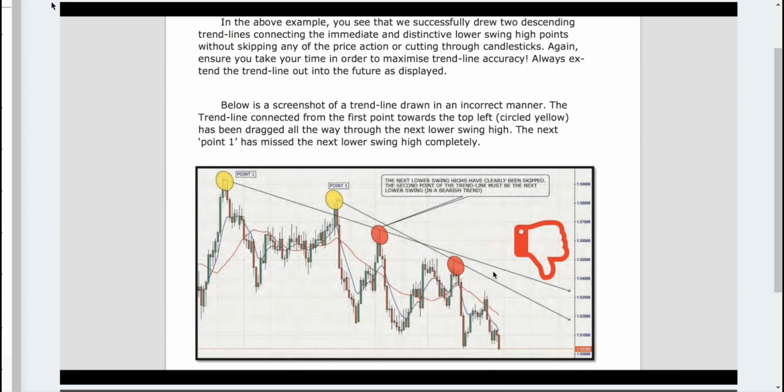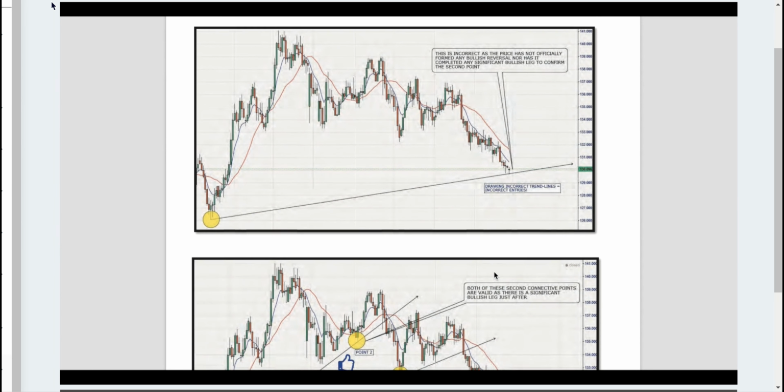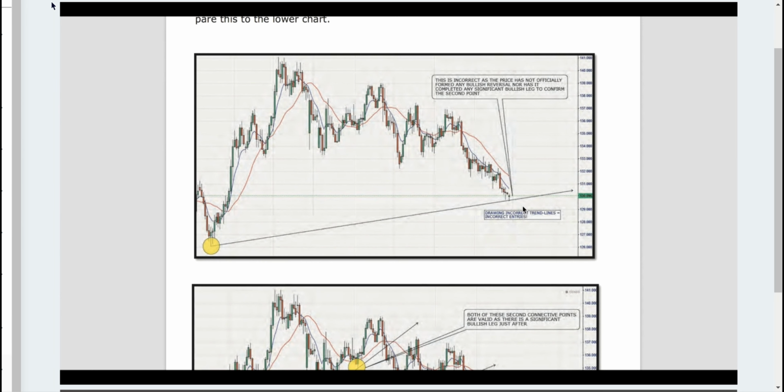What I mean by that is if you go to page 99, you can see here this is a no-no. This is incorrect. You can't just take a trend line from one point and drag it over to current price or where you see just one candlestick formation occurring, because guys, we need to actually see a leg be formed. The market needs to actually pull up in this case. Why?